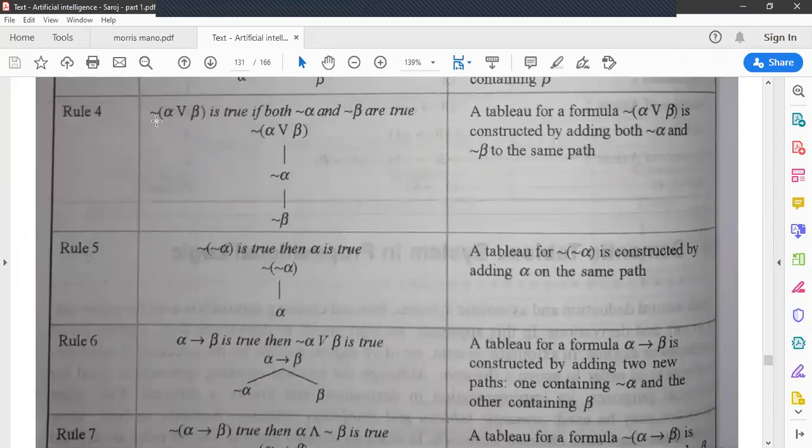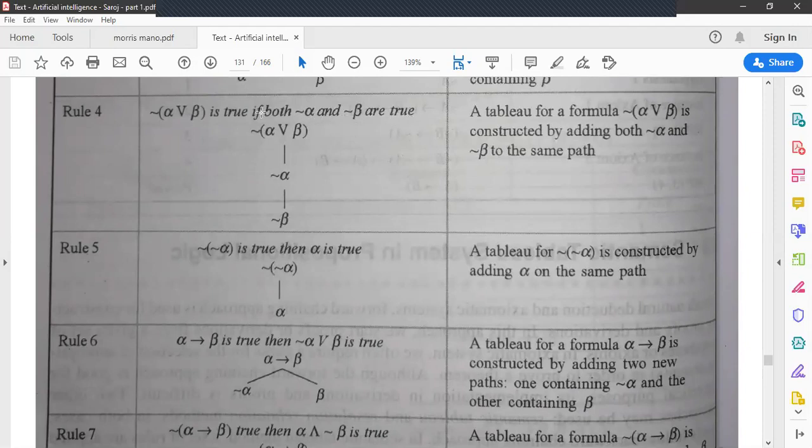Rule number four says if you have not A or B, if this formula will be true if both not alpha and not beta are true.